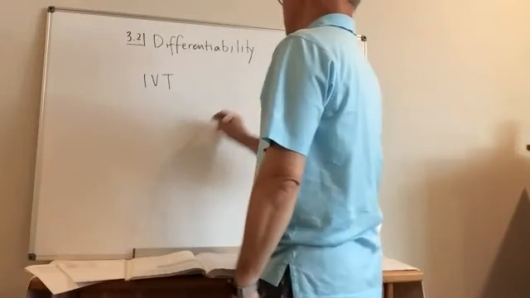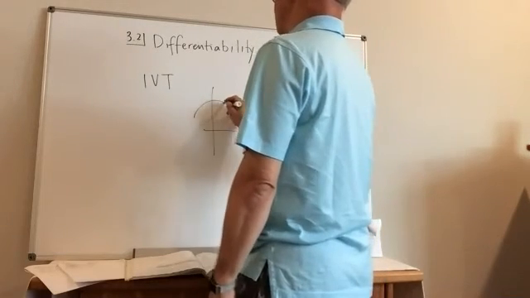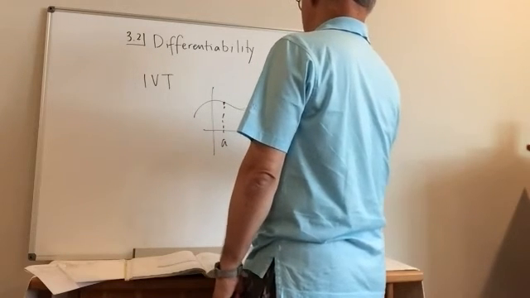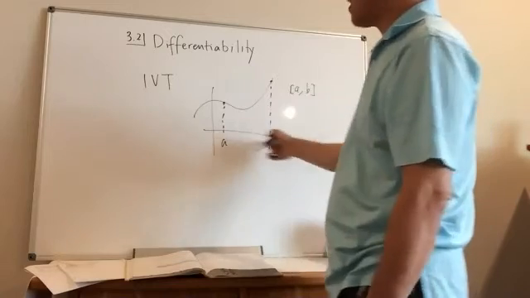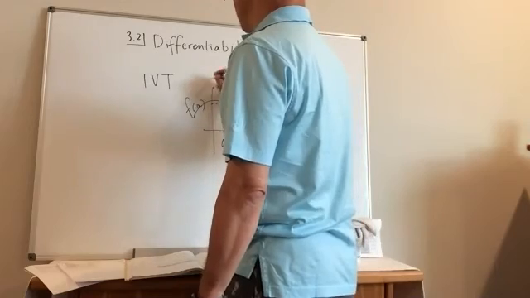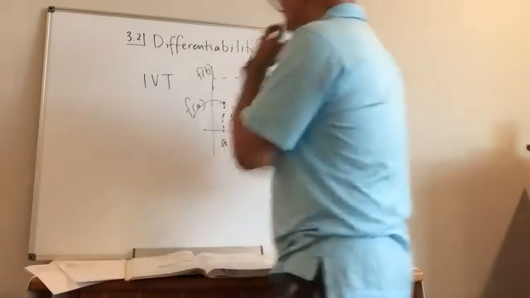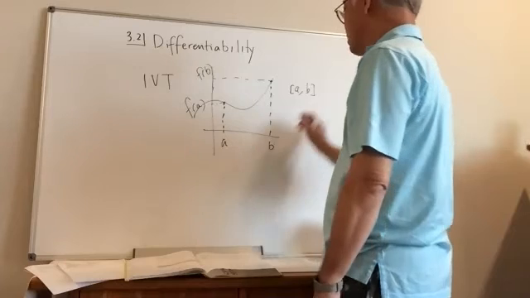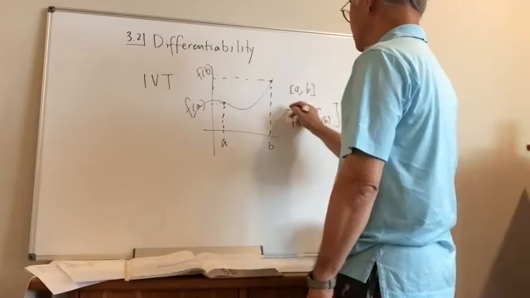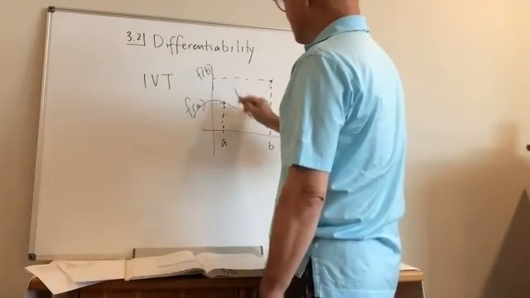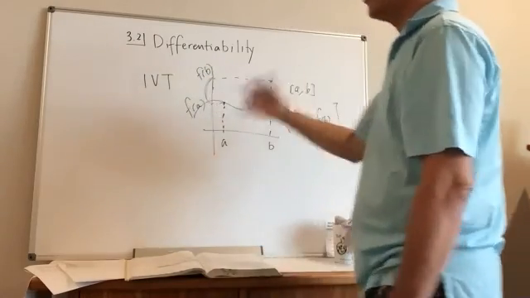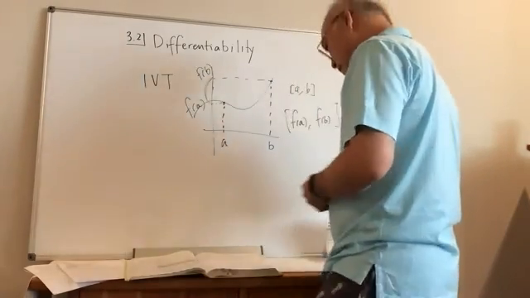In a function that looks like this between A and B, this is going to be f of A, and this is going to be f of B. If it is a continuous function between A and B, it has to go through all values between f of A and f of B. In other words, y-wise, you cannot skip any.